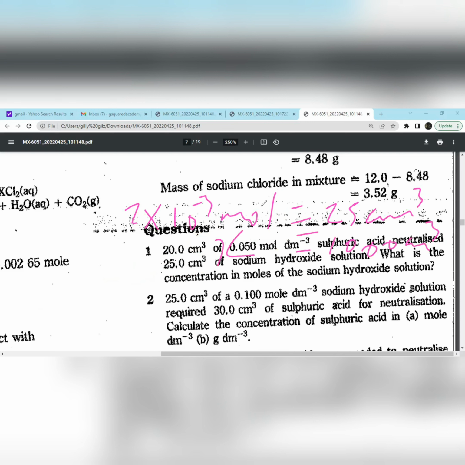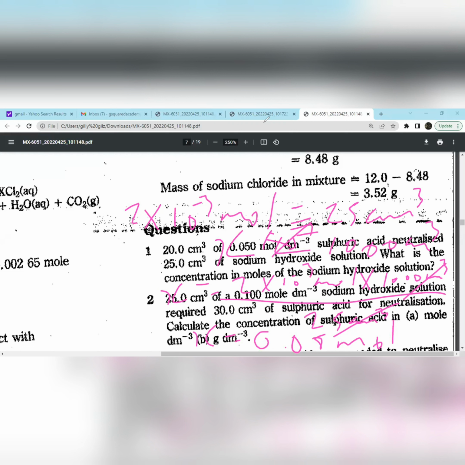That's going to be X. So we cross multiply, and X is going to be equal to 2 times 10 to the minus 3 moles times 1,000 centimeters cube divided by 25 centimeters cube. Centimeters cube cancel, leaving moles. So X would now be equal to 0.08 moles.